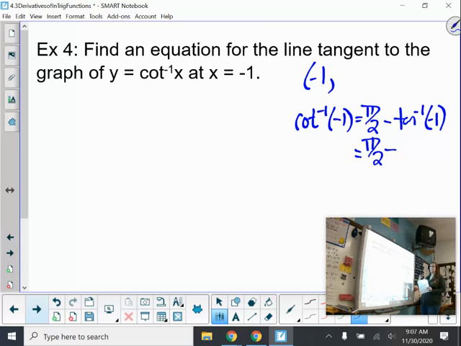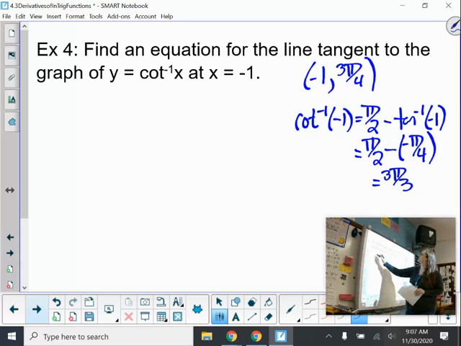Tangent is a negative 1 whenever we're at negative pi over 4. So the inverse tangent would be equal to negative pi over 4. So pi over 2 minus negative pi over 4 is going to be 3 pi over 4. So that's actually going to complete our ordered pair there. I do suggest you look back over the inverse tangent values, because you basically have to think through the regular value and then kind of switch it up a little bit.